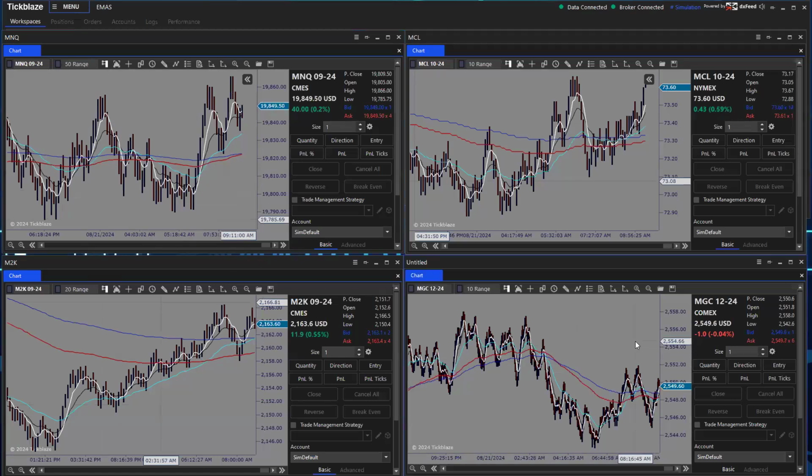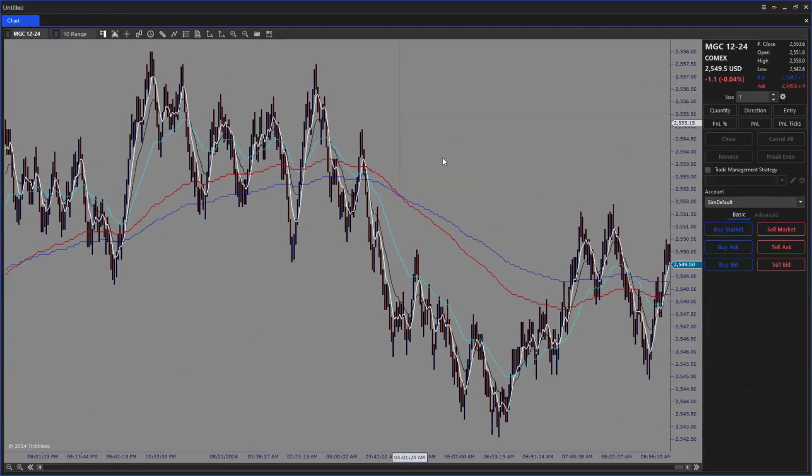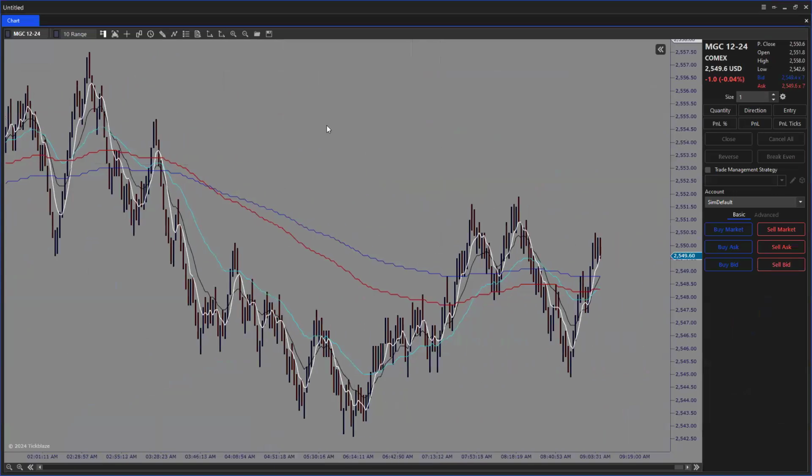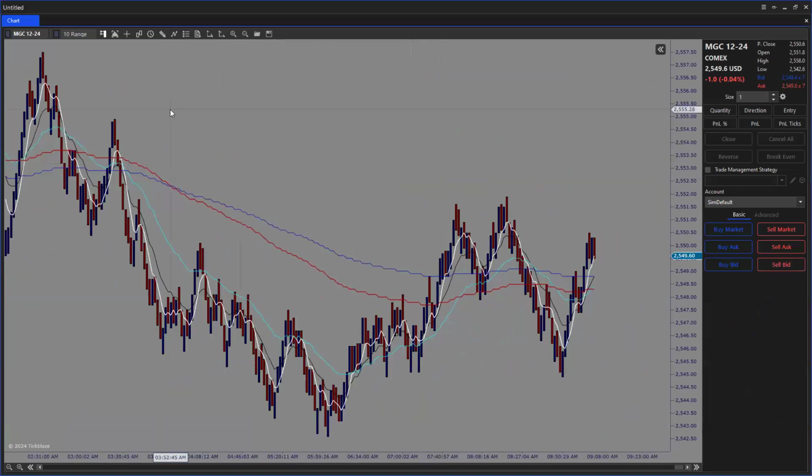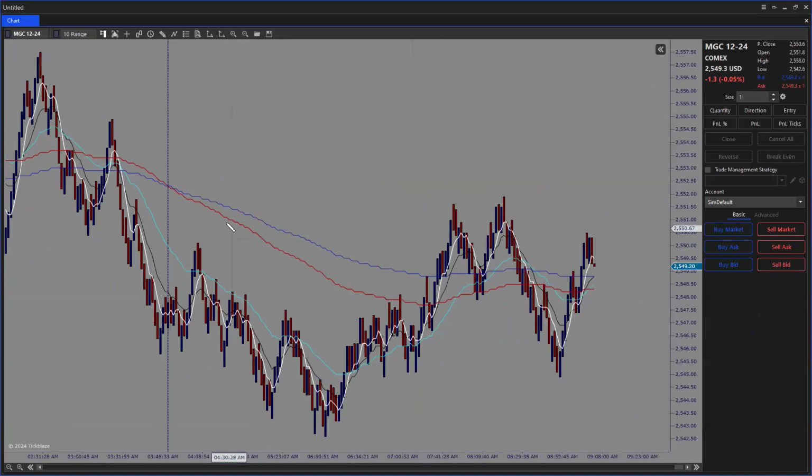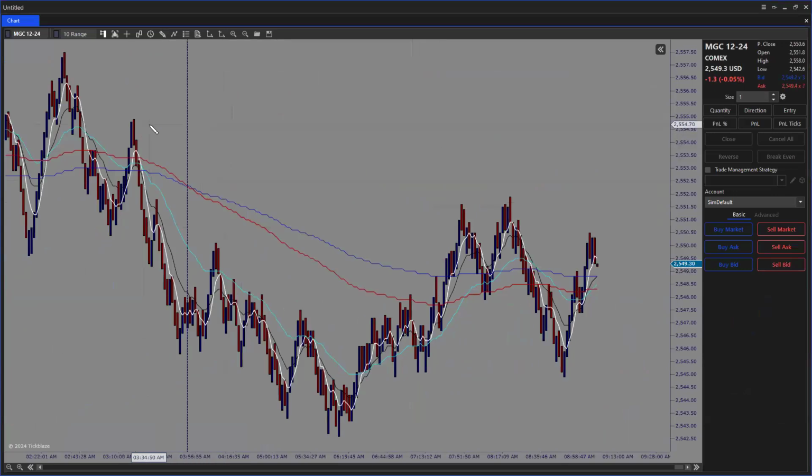First thing we're going to do is look at plotting the zones for the reversals, right? The cross again is right here, and the cross on the 513 is right here. The level of the cross is right here.